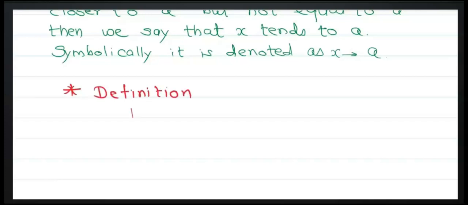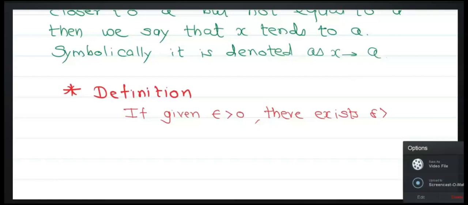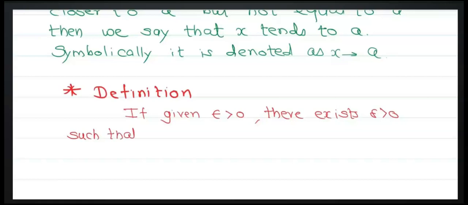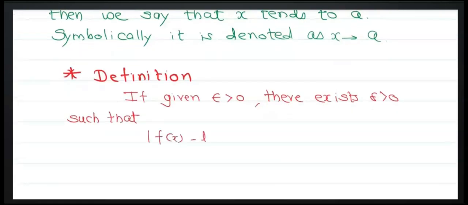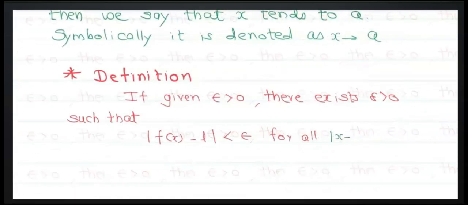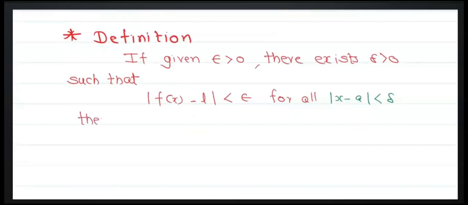Now we'll see the definition. If given epsilon, now what is meant by epsilon? Epsilon is a number which is positive. There exists delta greater than 0 such that mod of f of x minus L is less than epsilon for all mod of x minus a less than delta.